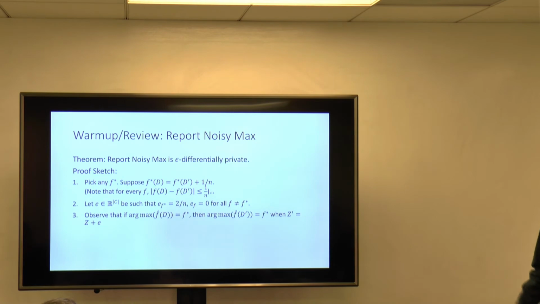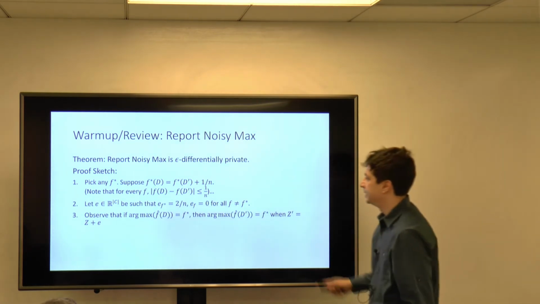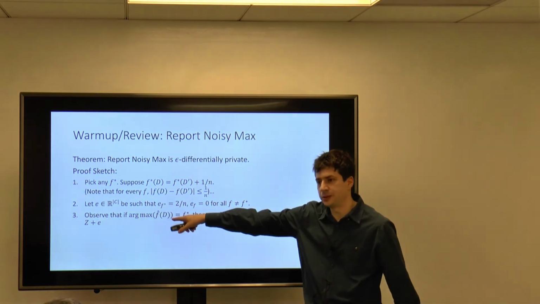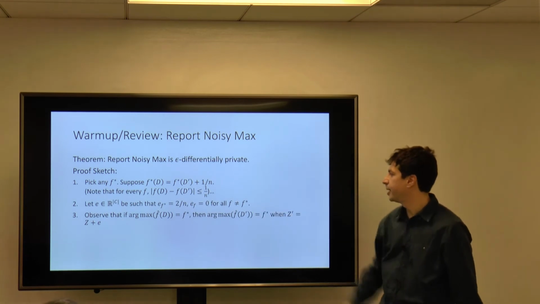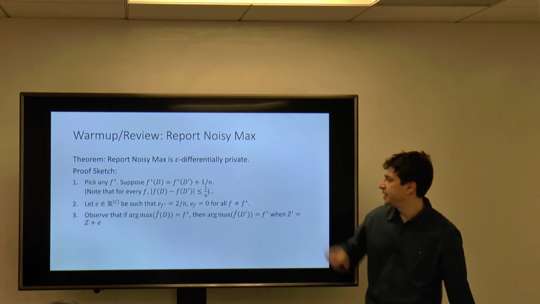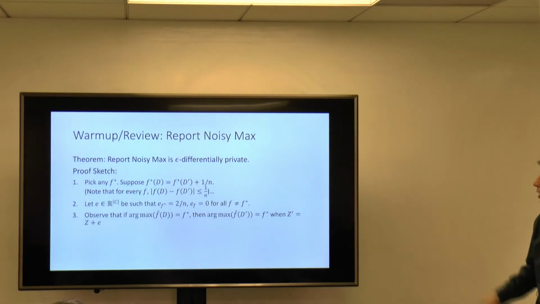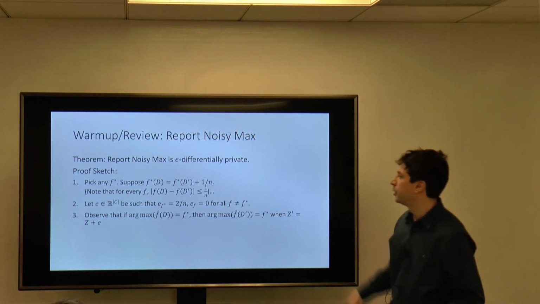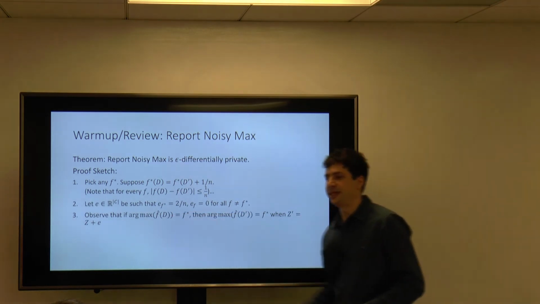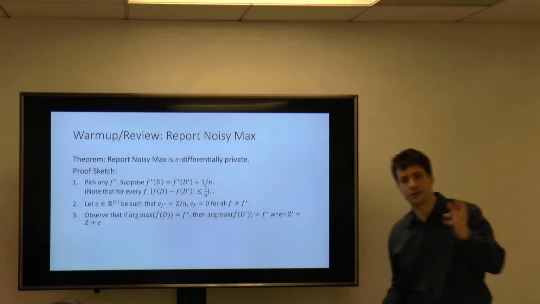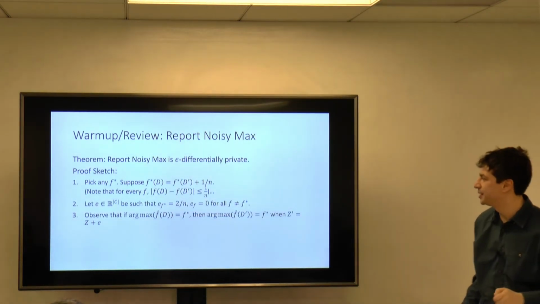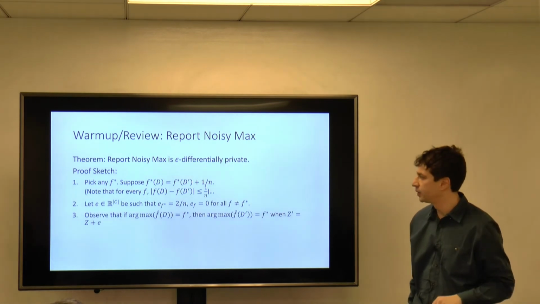So then the claim is that if on database D, the argmax of these noisy accuracy scores was f star, then on database D prime, the argmax of these noisy accuracy scores will also be f star when the coupled noise was z plus e. We shifted up the noise added to f star and left everything else alone.